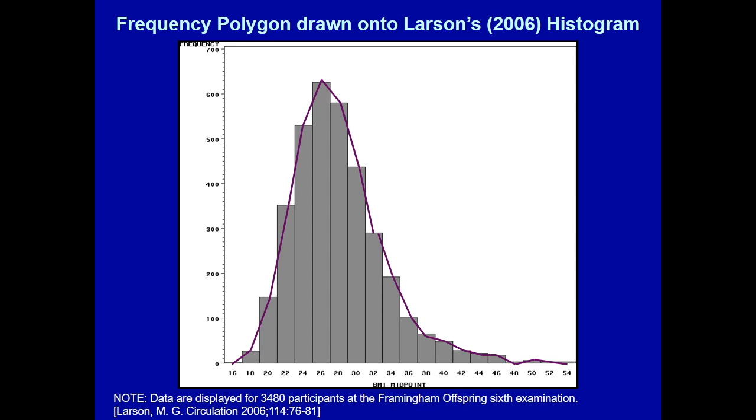So we connect to that x-axis at 0 in the 16 class interval. And the same thing for 54 at the end. There's no individuals reported at 54, so that's where the class interval comes back down for the frequency polygon, connecting at the value of 54.